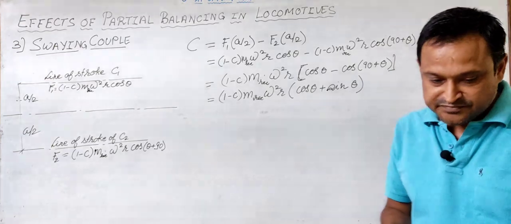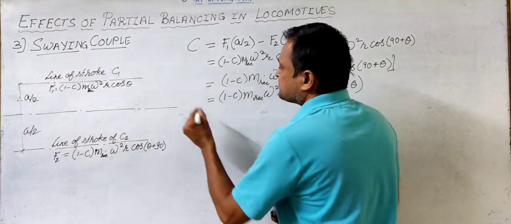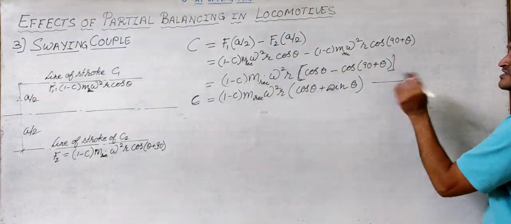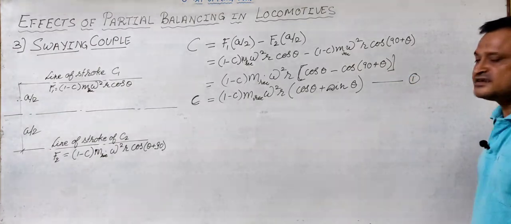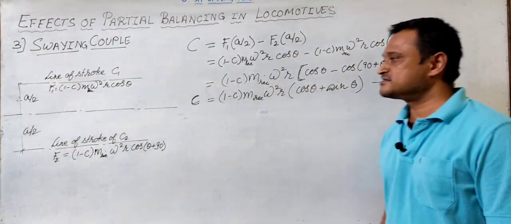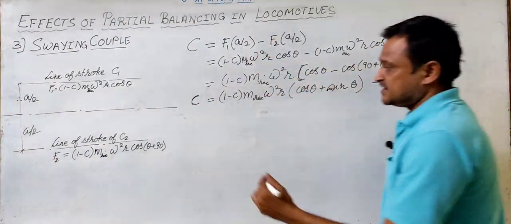That is what we get, and this will be the total couple. Let me name this equation 1, so that when we put the values for the maximum condition, we are not confused.